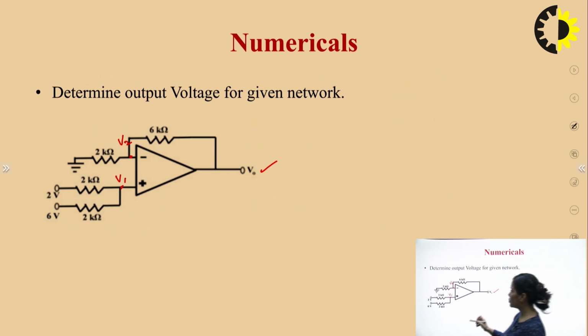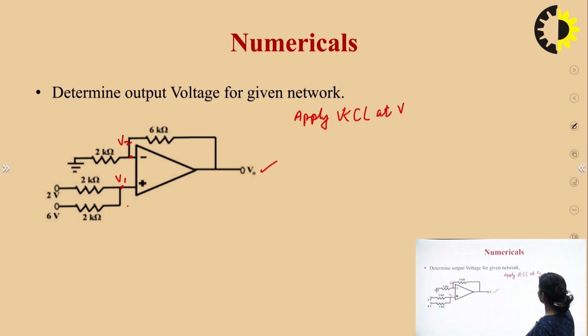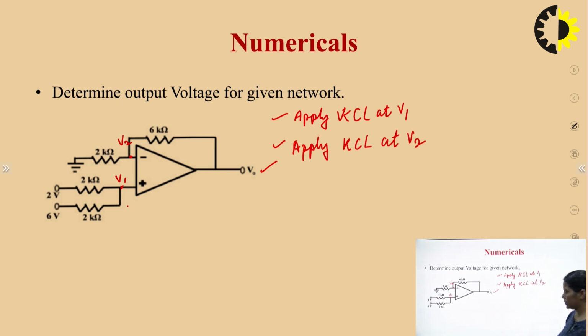Now, at the terminal V1, always remember this rule: apply KCL at V1, and then in the next step apply KCL at V2. Let us see how.